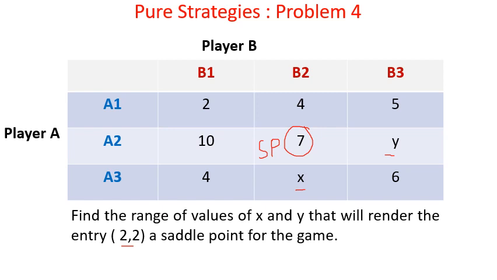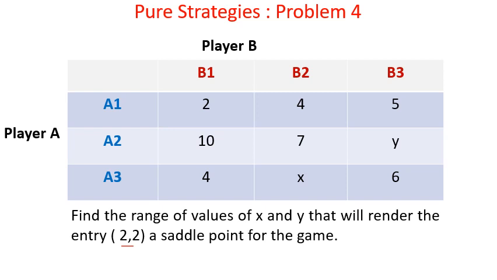Let us see. Here, let us first neglect this x and y. For a moment, we will neglect this x and y and just write the row minima. What is the row minima?